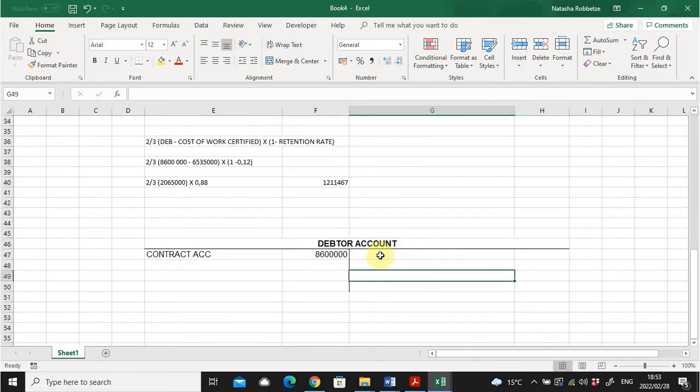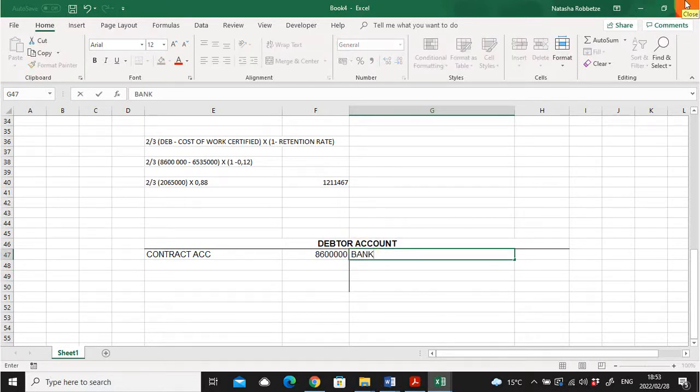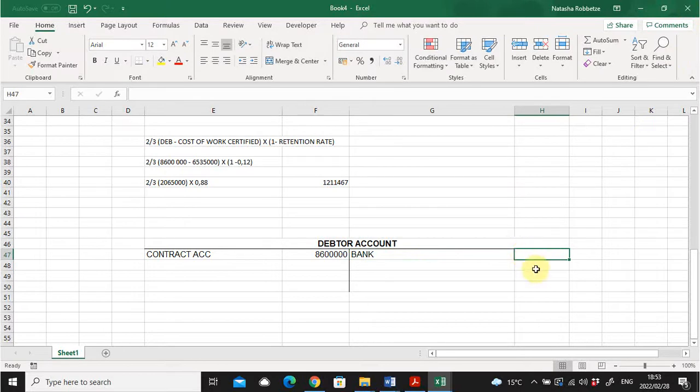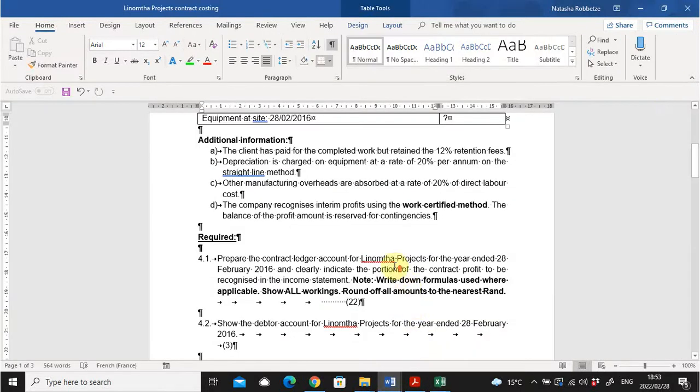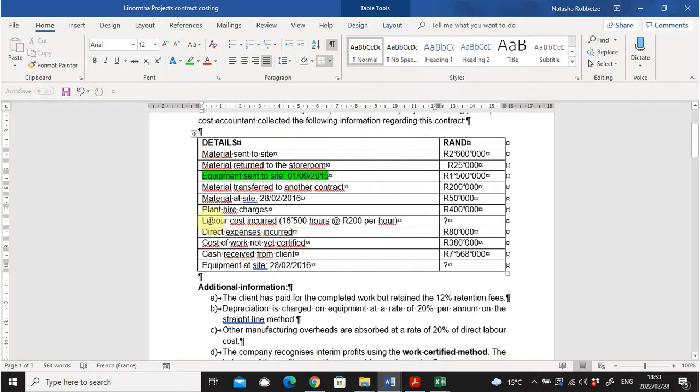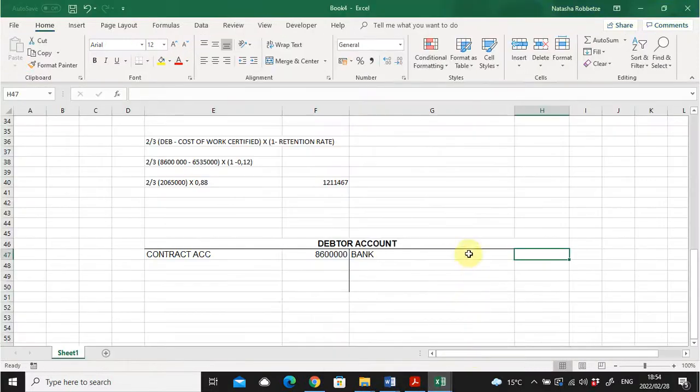Right? Then on the credit side, we're going to have a bank entry. And the bank entry will be the amount that we actually received. So if we go back to the table, what was the amount that they really paid us? Cash received, it was 7,568,000, and that's going to go into the debtor account next to bank.